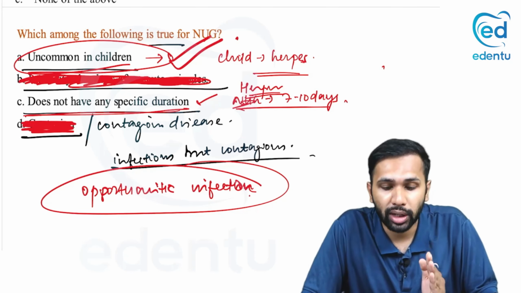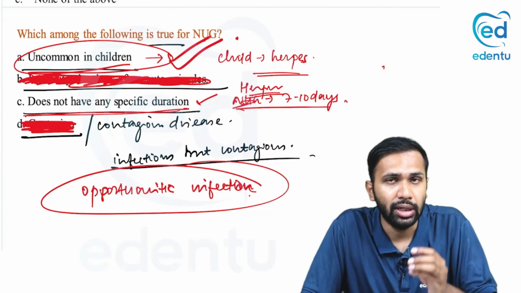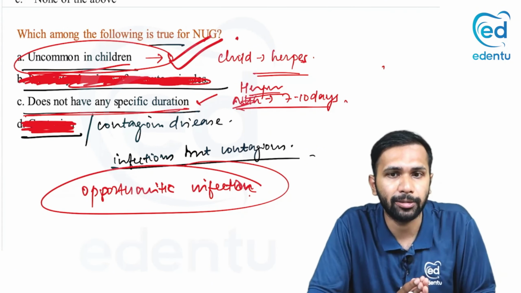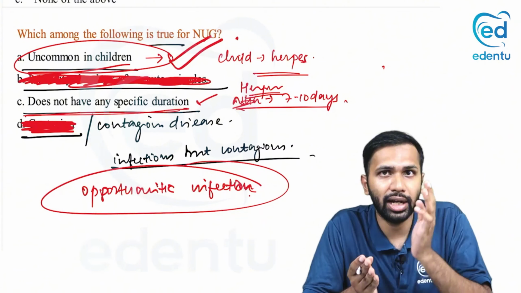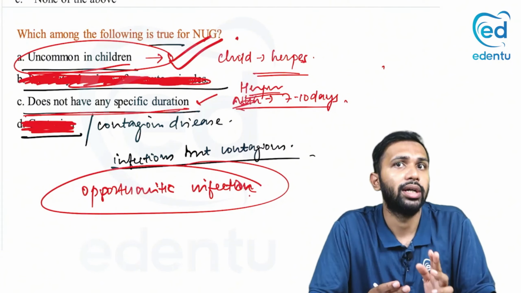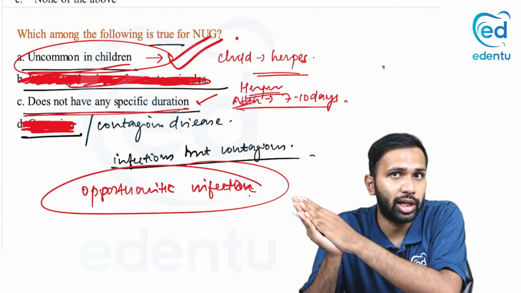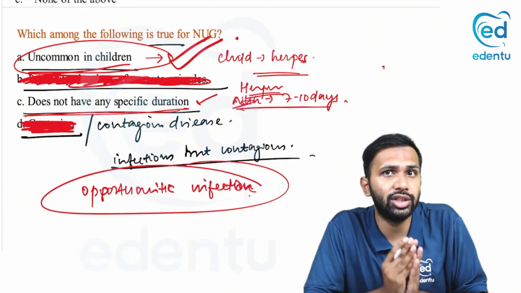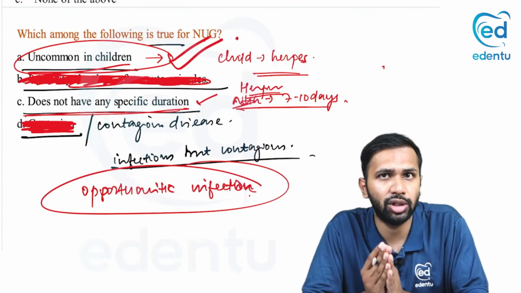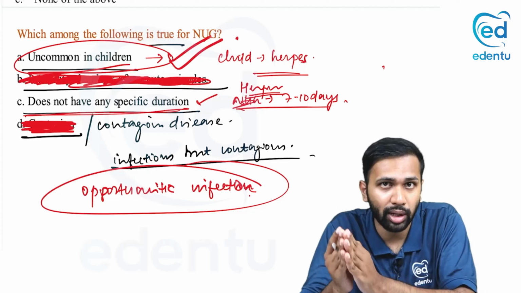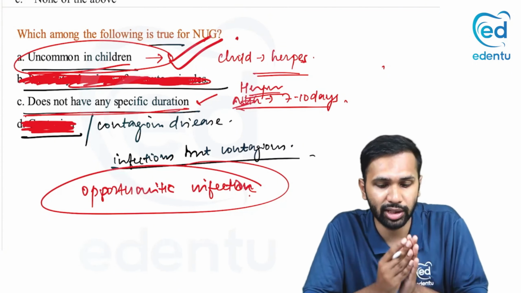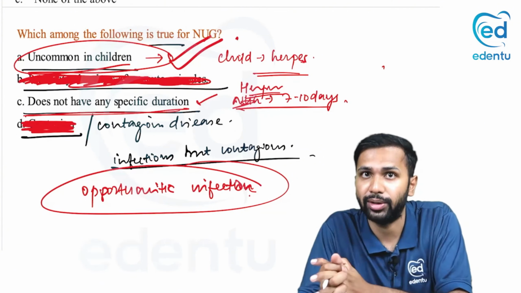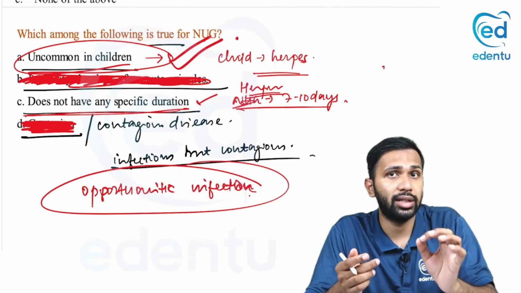If you do not have any of these conditions, there is a very rare possibility that you will develop NUG. A child does not have this much stress. He doesn't smoke, and uncontrolled HIV or diabetes is very rare. So NUG rarely occurs in children, whereas primary herpetic gingivostomatitis occurs most commonly in children. That is what they're asking by this question. Even though option C is true, option A is a better answer.